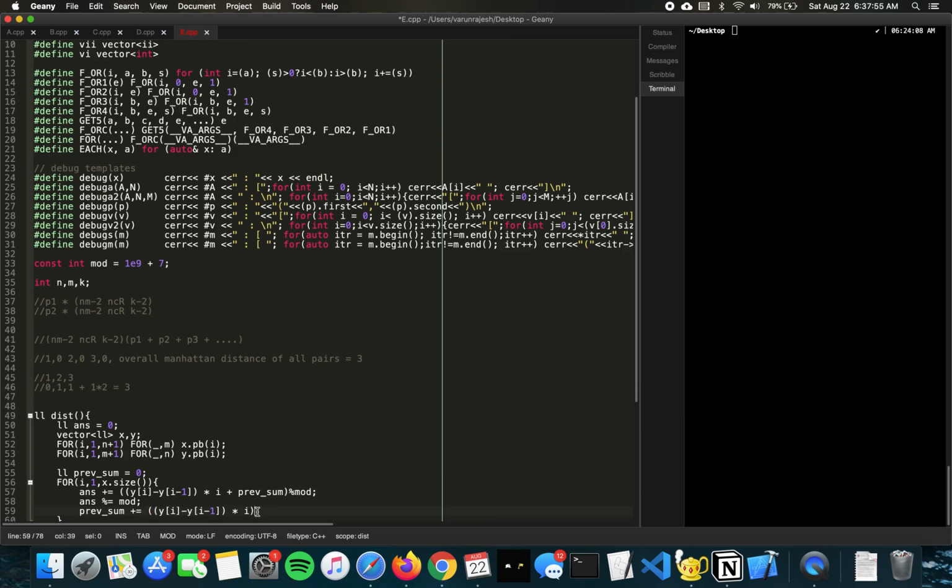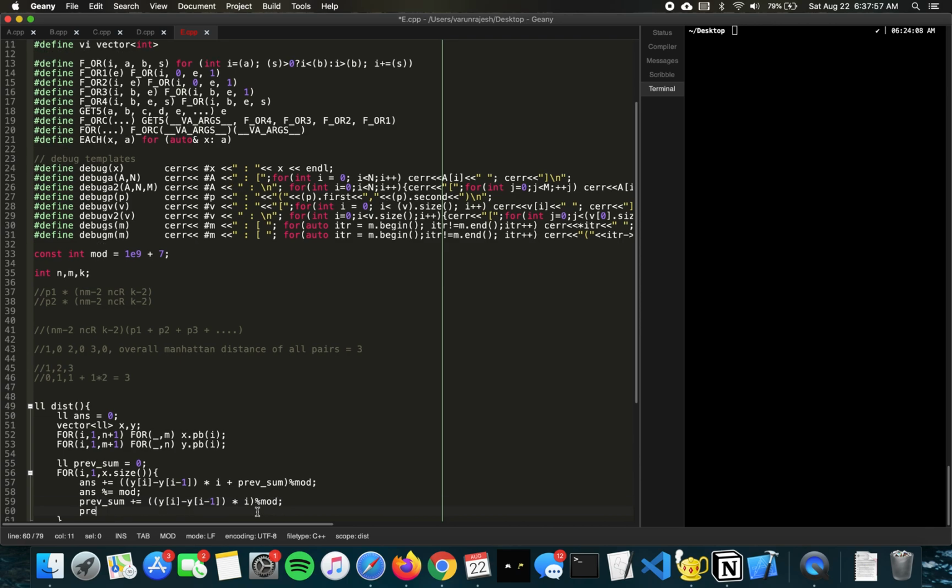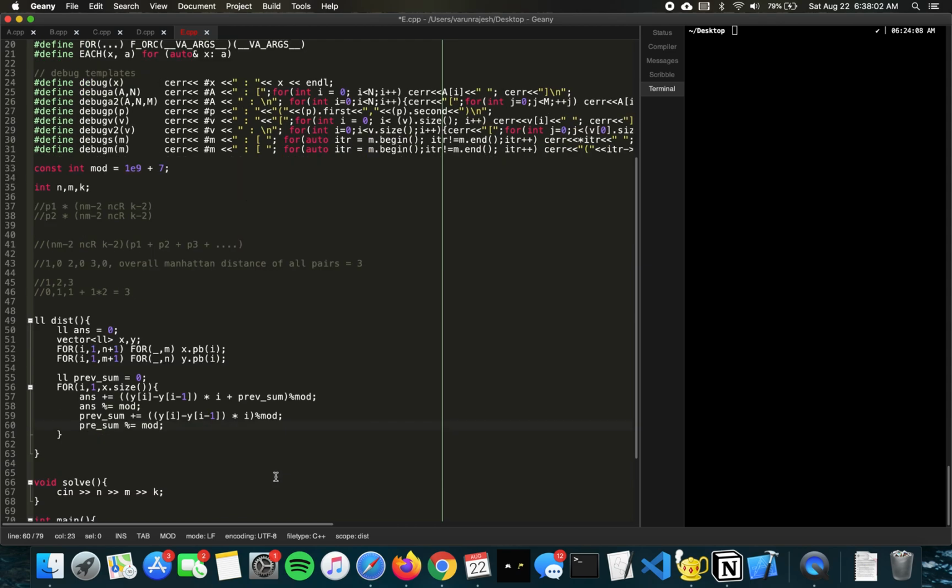And then we have to mod this, and then we just mod previous sum to be safe. Right, so this will find the overall sum of the changes in x for all the points in the grid. And so this focuses on the x coordinate, so we can use the exact same logic here to do it for the y coordinates.